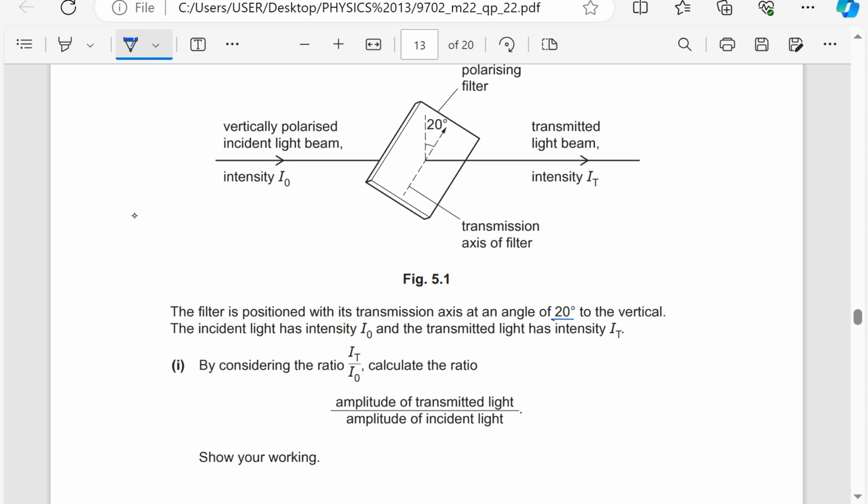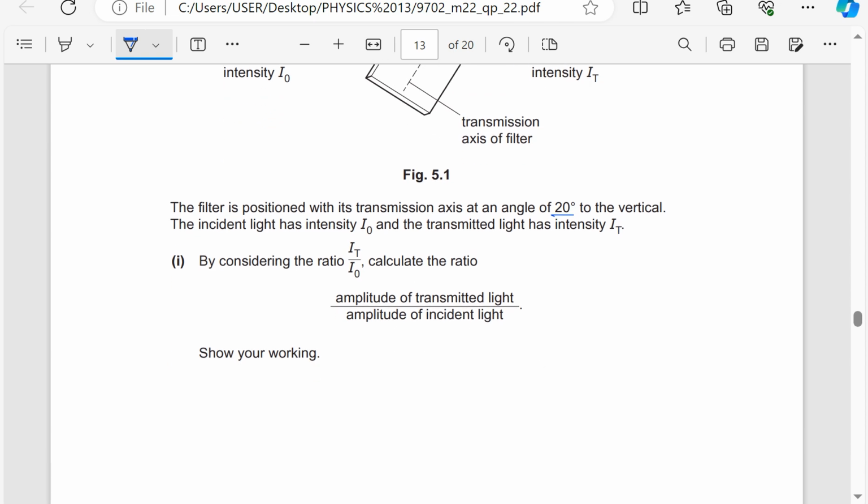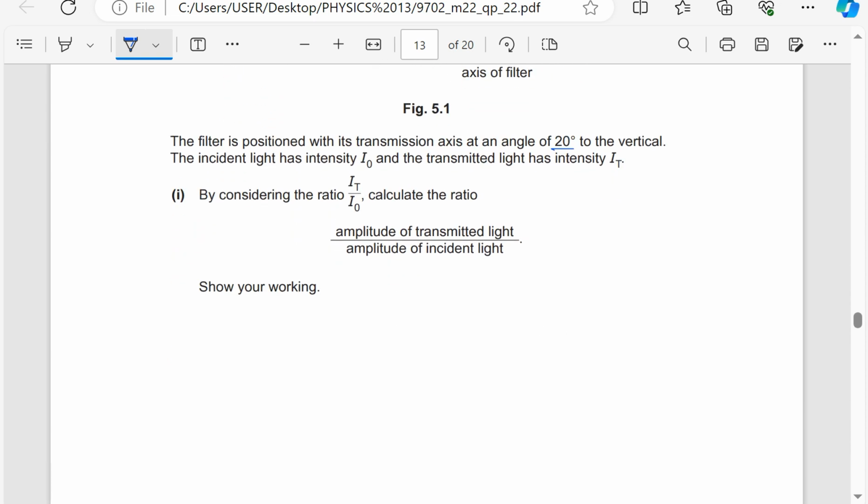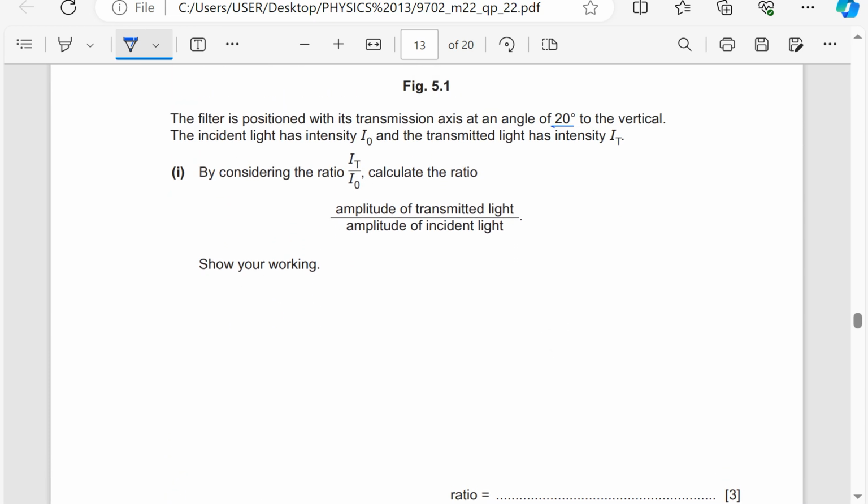By considering the ratio IT over I naught, calculate the ratio of amplitude of transmitted light over amplitude of the incident light. Show your work. So number one, we know that transmitted intensity IT is equal to incident intensity I naught cos squared theta, which means IT over I naught is equal to cos squared of 20.